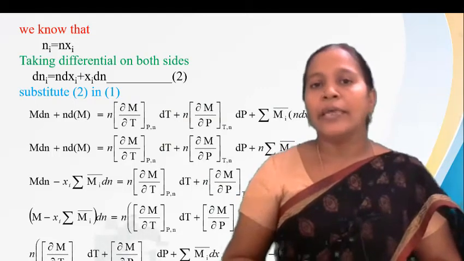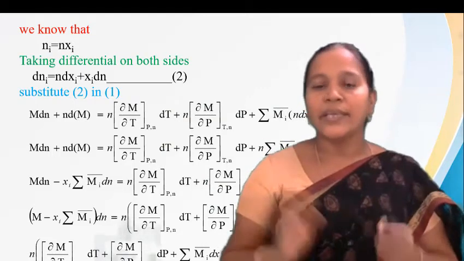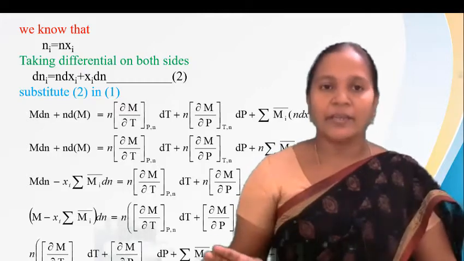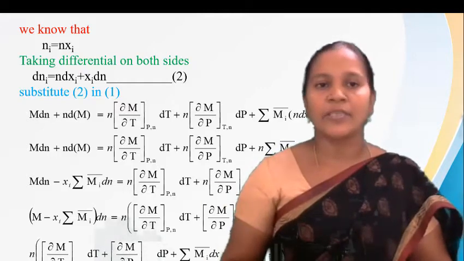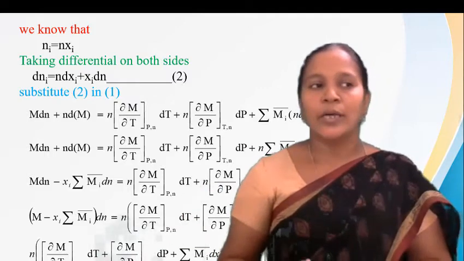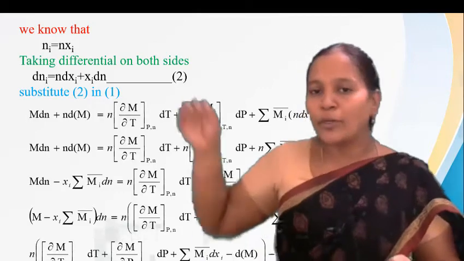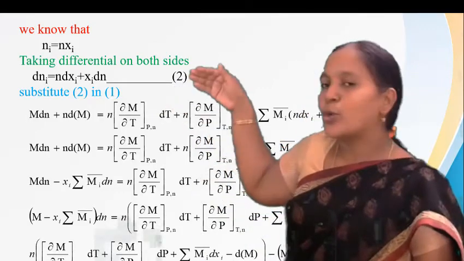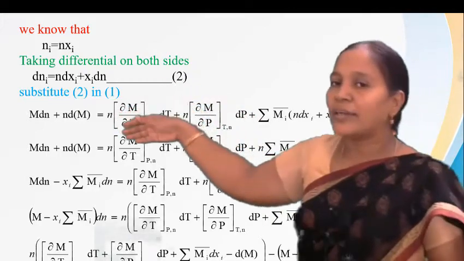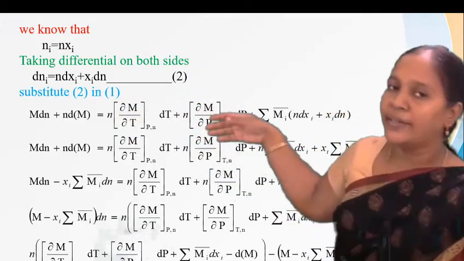After eliminating dn terms and n terms, m minus sigma xi mi bar dn is equal to n into dou m by dou t into dt plus dou m by dou p into dp plus sigma mi bar dxi minus dm.